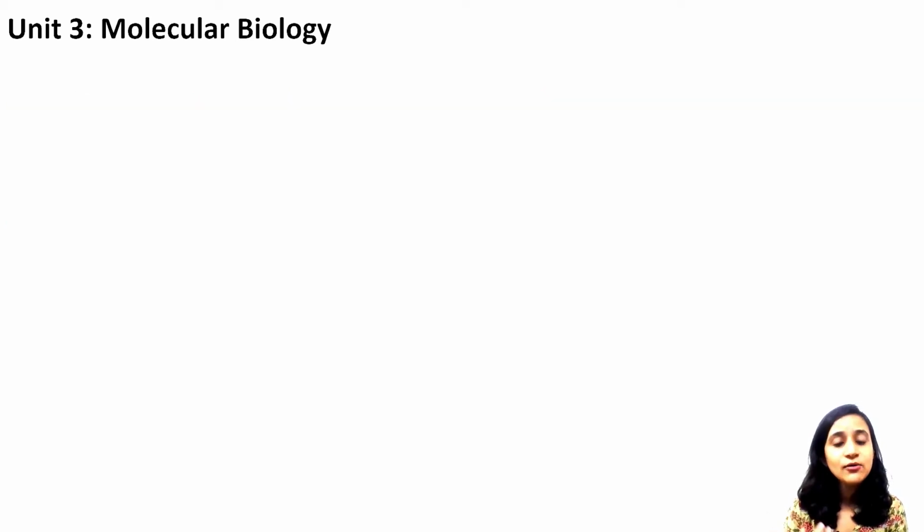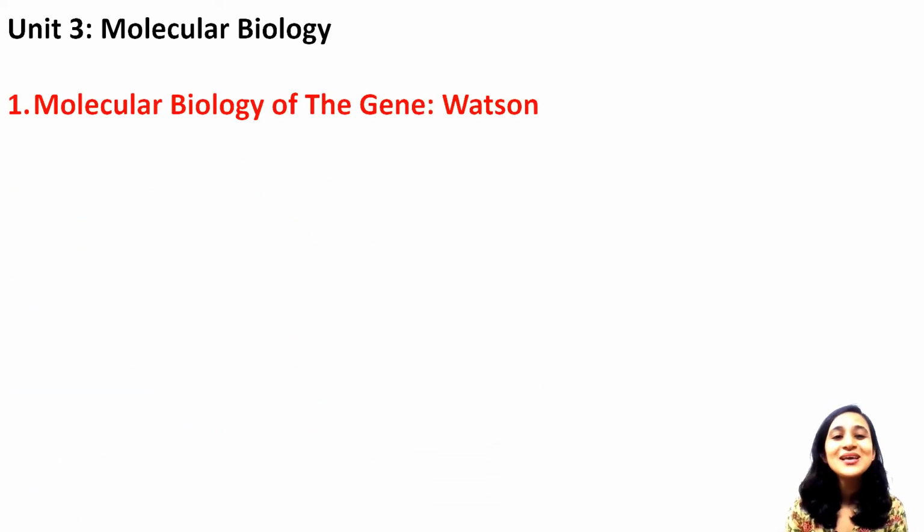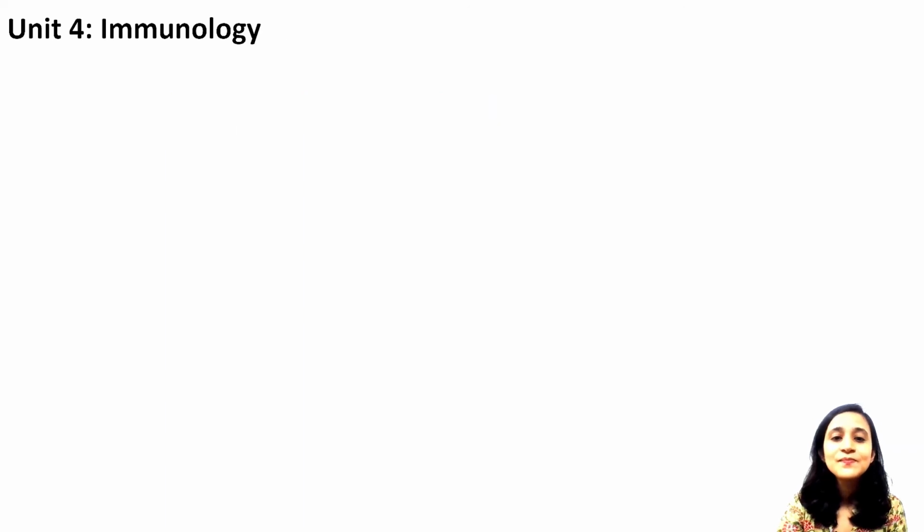Unit 3, Molecular Biology. So in this unit, one and only book is Watson, Molecular Biology of the Gene. I love this book. This is the best book. So if you can go through Watson Molecular Biology, you will be able to clear your all doubts. This is the best book for molecular biology.